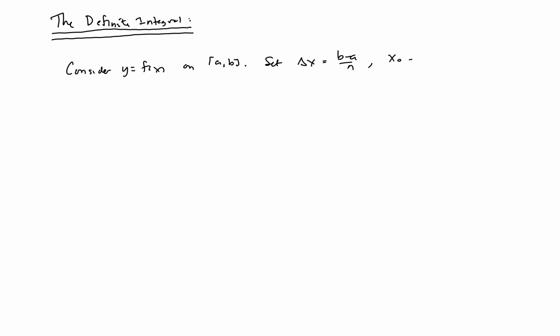So we'll say x0 is a, x1 is a plus delta x, so increasing these by delta x each time, all the way until we get to the last one, which is a plus n delta x, which is the right endpoint of the interval, b.